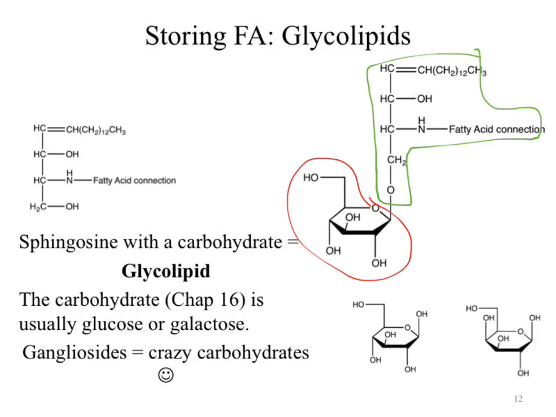So that's our chapter 16. If we put on a whole bunch of carbohydrates off of this, instead of stringing on just one, we can switch it up to gangliosides, which look like some big crazy looking animal, a weird structure. And those are mentioned in your textbook.